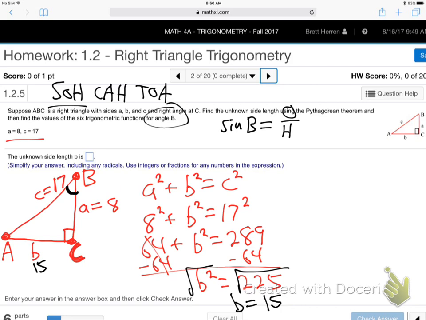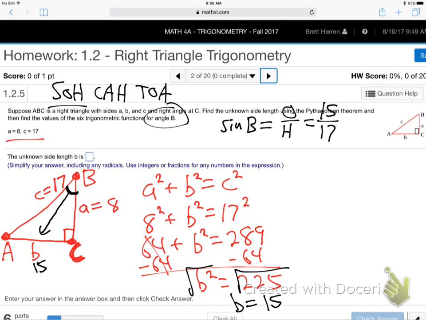Give that a try. It's from the perspective of the capital B up top there. From his perspective, who's opposite from him and who's the hypotenuse? So from his perspective, the side opposite him is the 15, isn't it? And the hypotenuse is 17.